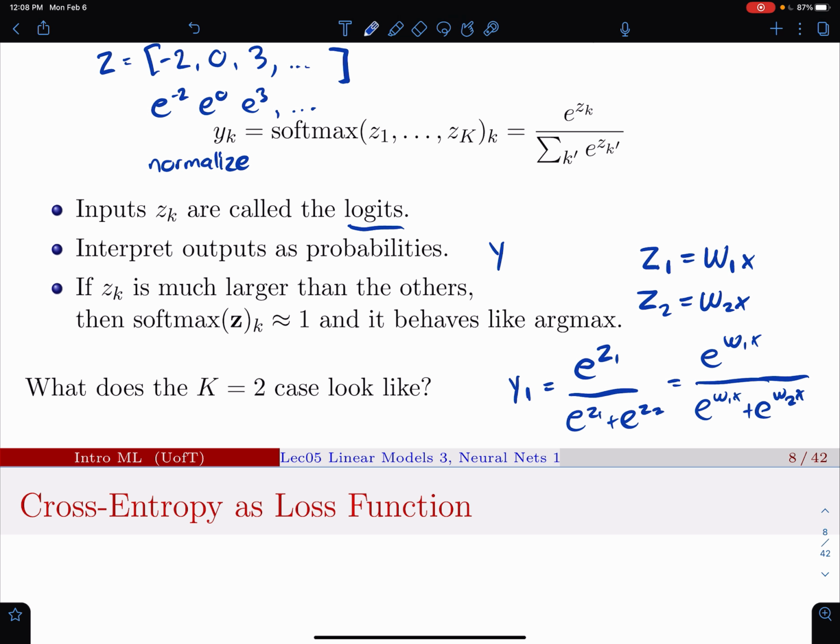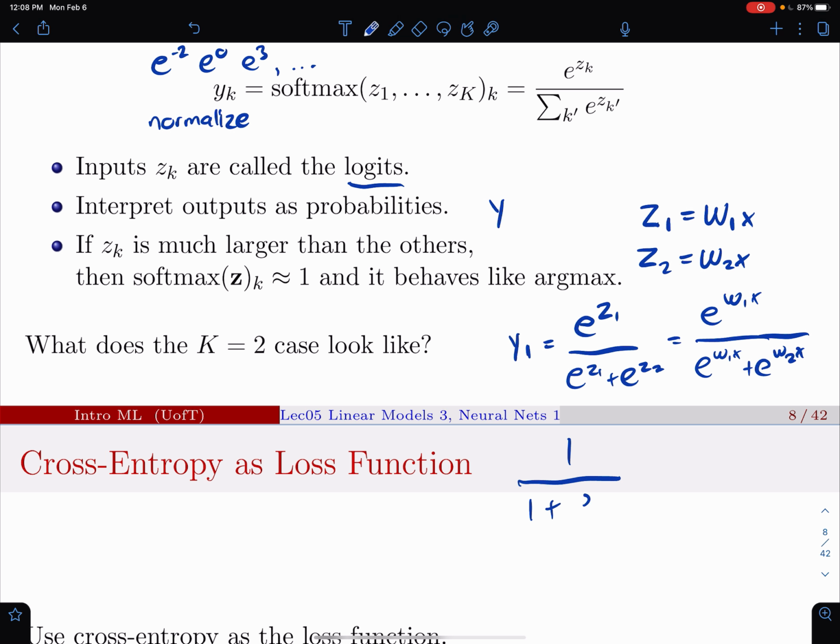Remember, for logistic regression, we have this function that looks something like 1 over 1 plus e to the minus u, right? So this is the logistic cost function that we previously derived. In order to simplify things, because we're dealing with exponents, you can actually just divide by the quantity itself.